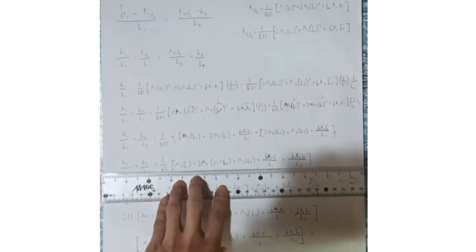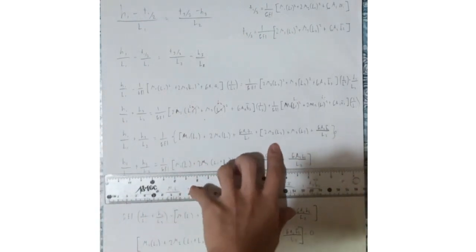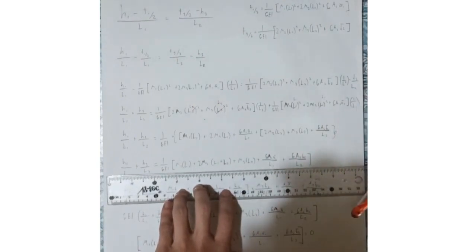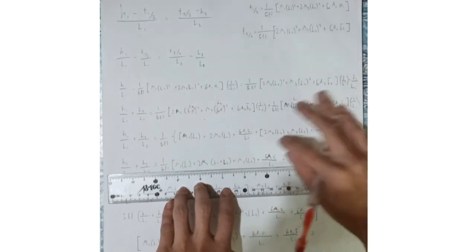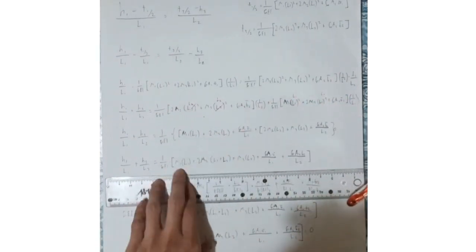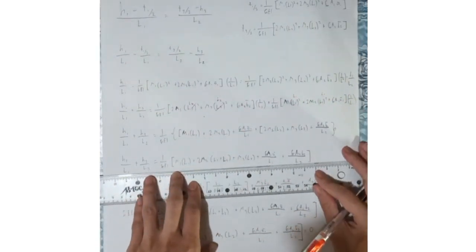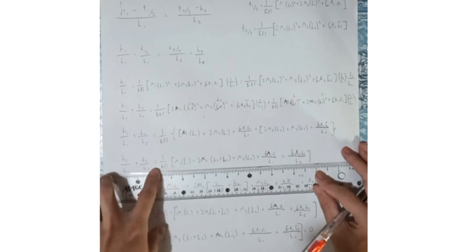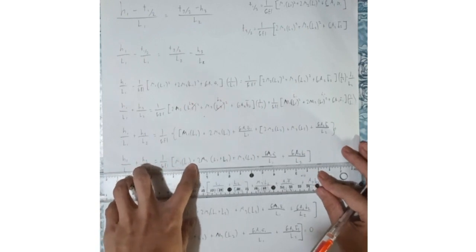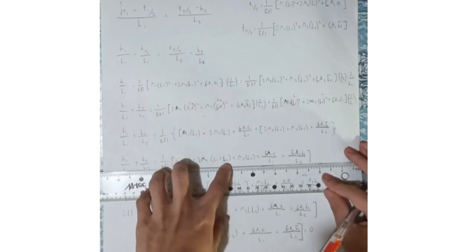Now next we simplify it further by, forgot, 2l2 multiply this to the other side, this one we combine, so we got this equation, h1 over l1 plus h3 over l2 equals 1 over 6 EI times m1 L1 plus 2M2 times L1 plus L2.